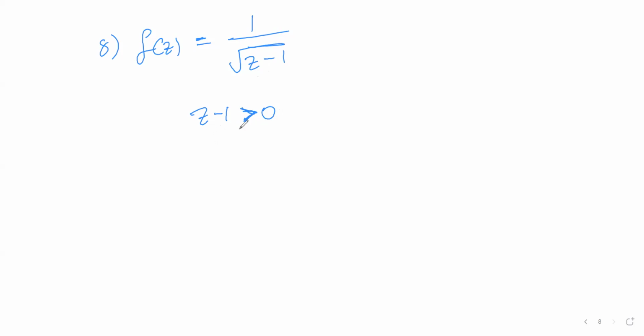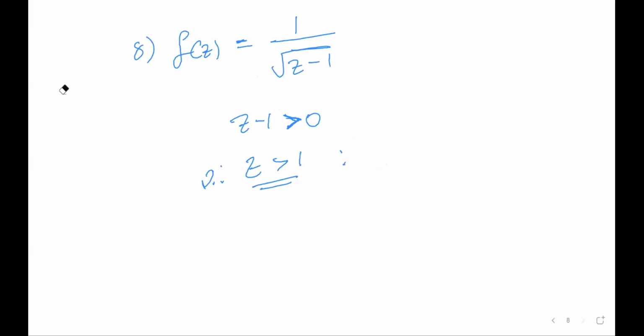Solving this inequality, z is bigger than 1, and that's our domain, which can also be written as the round bracket 1, infinity, round bracket. So that's that about domains.